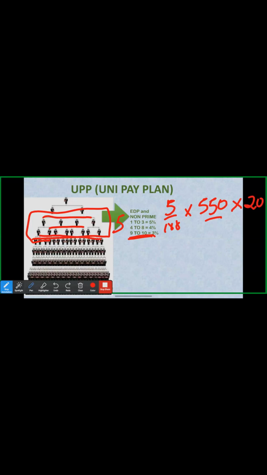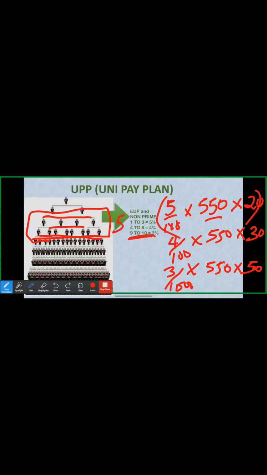And then for the 4th to the 8th level, it is 4% out of 100 times 550 times, let's say 30 boxes zilinunuliwa kwa hiyo level. And then from level 9 to level 10, it is 3 out of 100 sawa times 550 times, let's say 50 boxes of C24/7 were bought. So ikisha calculate hii hapo, they also add to this one. So unaweza pata let's say 4,000 hapa, 4,000 and maybe 3,000 hapa, maybe an extra 2K hapa.